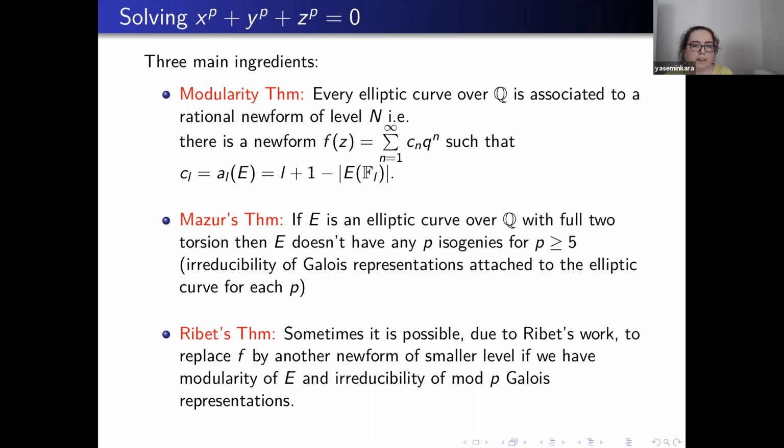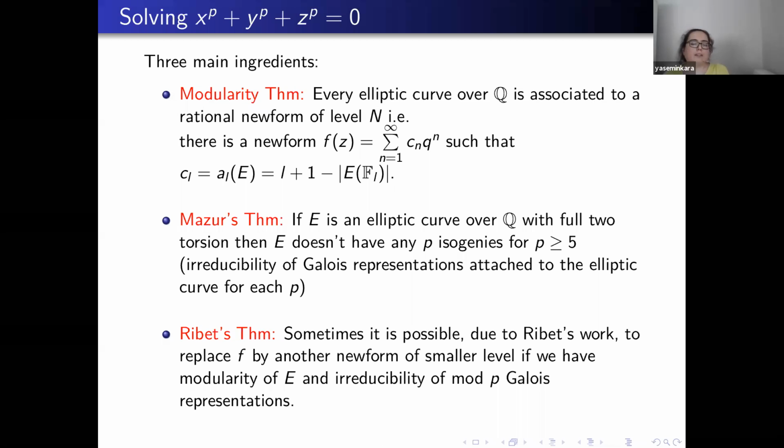I didn't write the details, but they are not equal for all primes. They are equal for almost all primes. And this is what the modularity theorem says without giving the details.